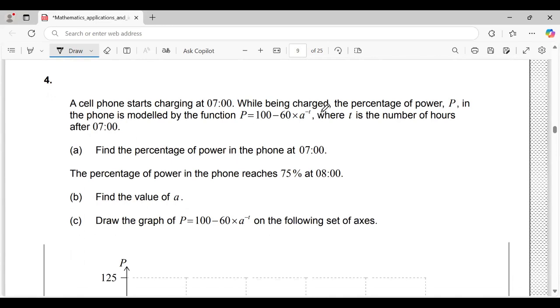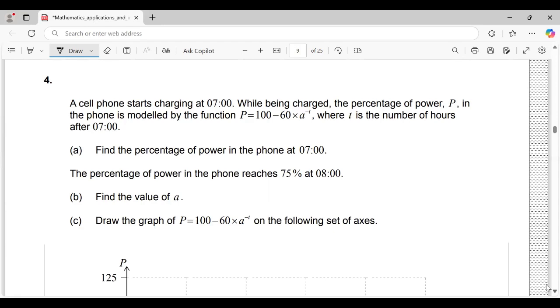I don't know whether p.m. or a.m. Of course, this is a.m. I think, because 7 a.m. Find the percentage of power in the phone at 7 a.m.